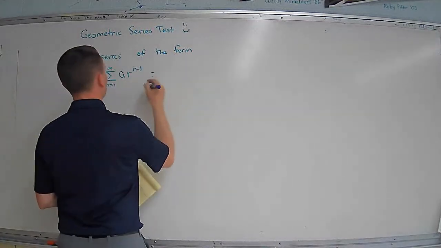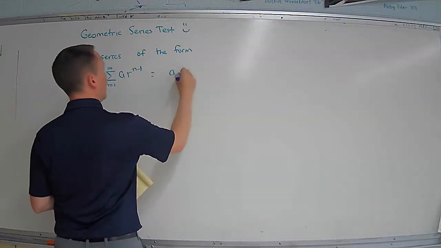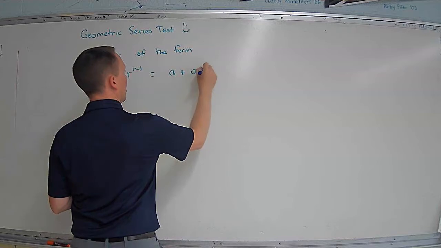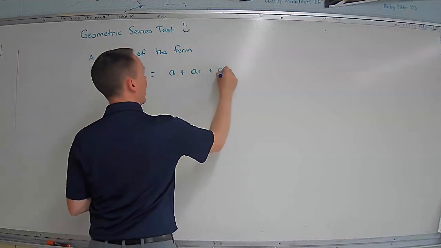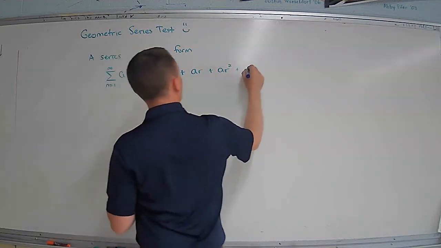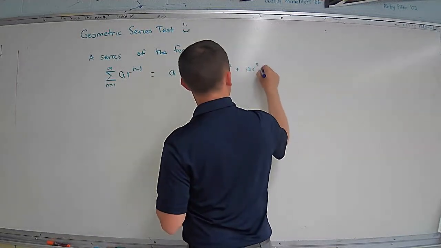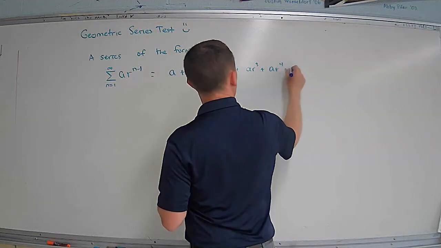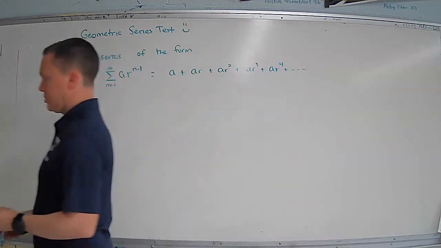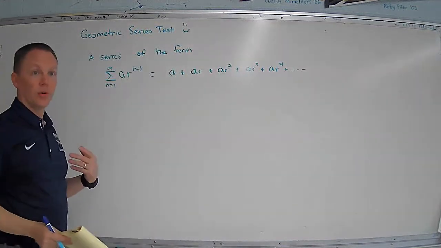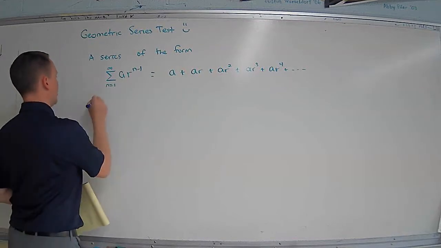If I write out the terms of this, it's going to be a plus ar plus ar squared plus ar cubed plus ar to the 4th, and so forth. A series of this form is called a geometric series.